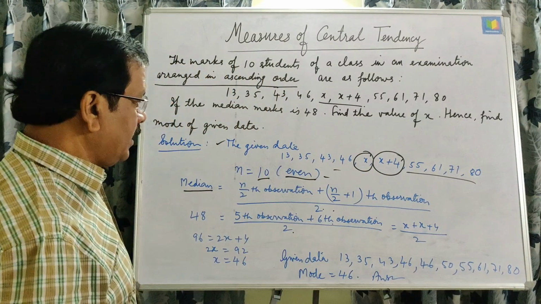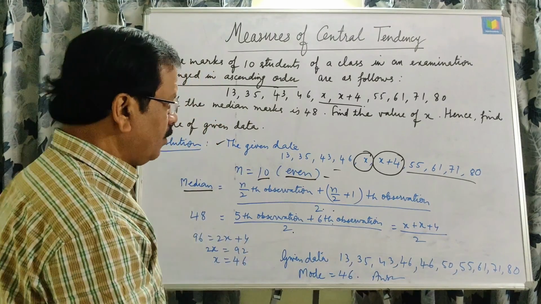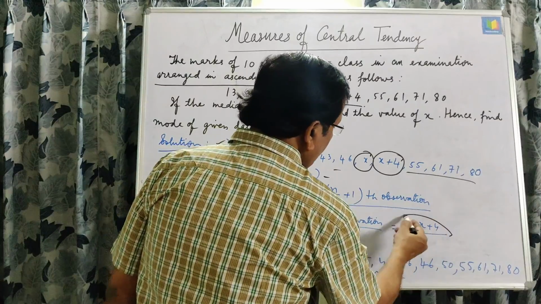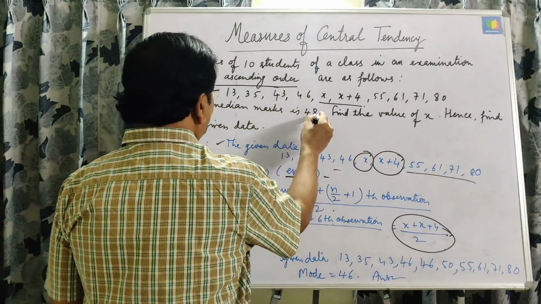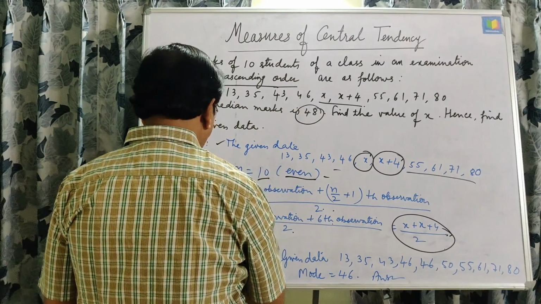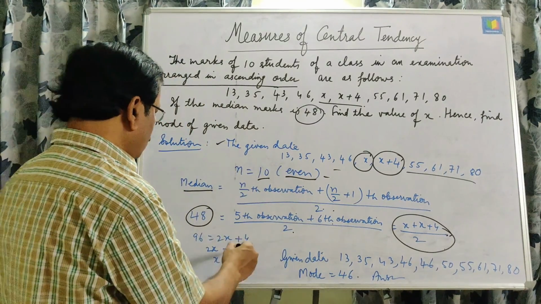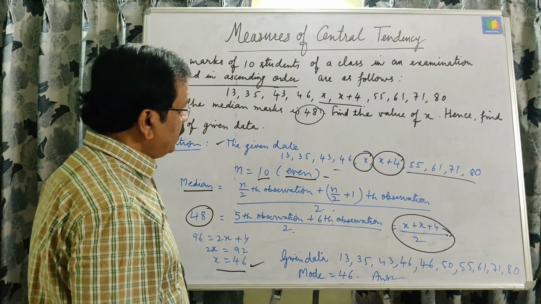Sometimes students get confused. They write this as 5 plus 6 upon 2, and that is wrong. Okay. And then in this case x plus x plus 4 upon 2, and this value is given here as 48. Substituting this value, this is 2x plus 4 upon 2, and by cross multiplication we are getting x is equal to 46.